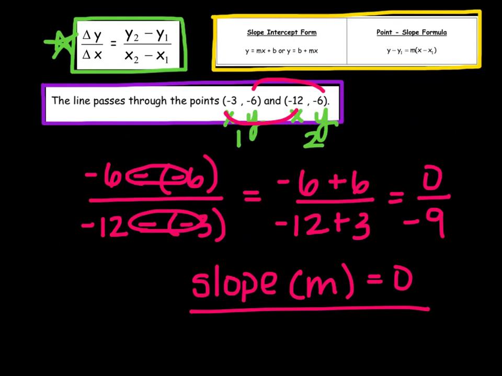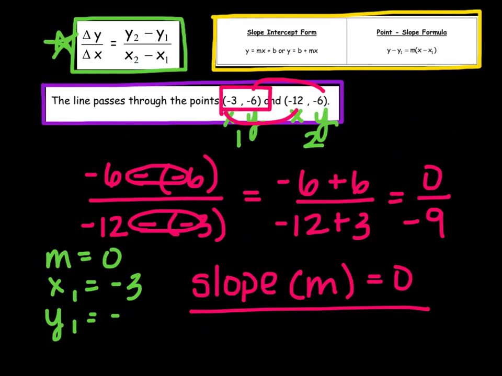Now, it's still going to have an equation, and I still want you to be able to see that equation. So we're going to use our formula in point-slope form. I'm going to use one of these equations. Doesn't matter which one. I'll go ahead and use the first one. Again, it doesn't matter. It's just whichever one you want to use. So I know here that my m is going to be 0, my x1 is going to be a -3, and my y1 is going to be a -6.